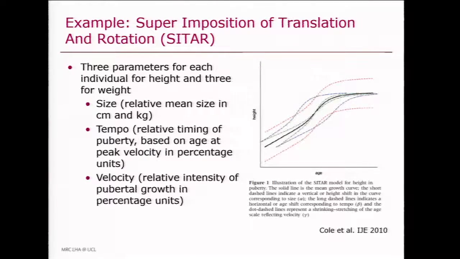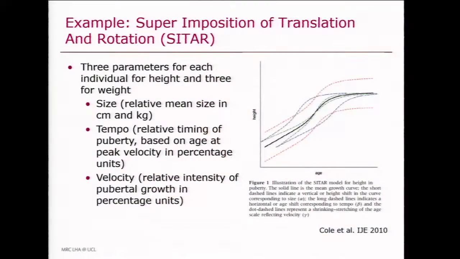So you've got the up and down, and you've got the side to side. And then the third parameter is velocity, which says how quickly you go through puberty. And that's the rotation. So that's the green line, rotating that curve. And he shows very nicely that generally you can explain nearly all the variation in individual growth curves by these 3 parameters. So you extract these 3 parameters, and then you can relate those to an outcome.